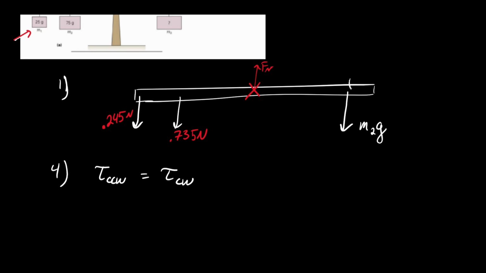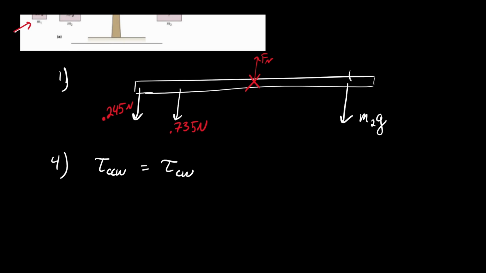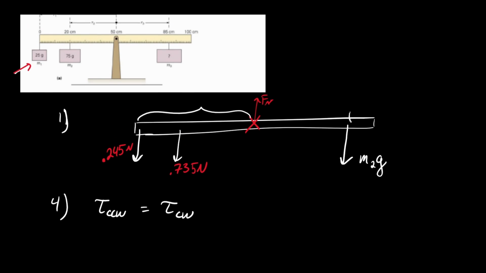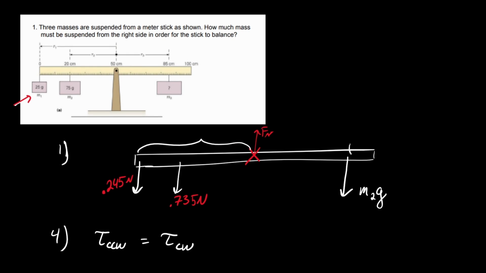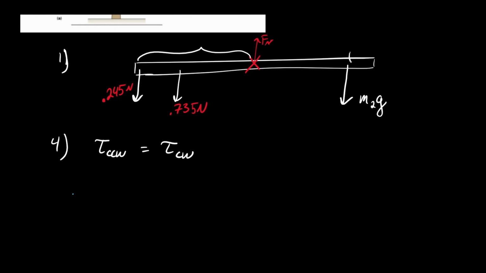Okay, torque due to each of them, remember, it's the distance from the x to where they act. So for the 25 grams force, that's 1/2 of a meter times the size of its force, which is 0.245. And I add on now the same thing for this force.